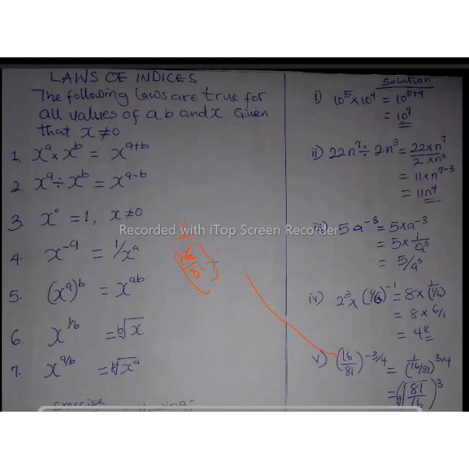Raised to power, the power now without the negative sign, since the 1 all over is representing the negative sign, raised to power 3 over 4.